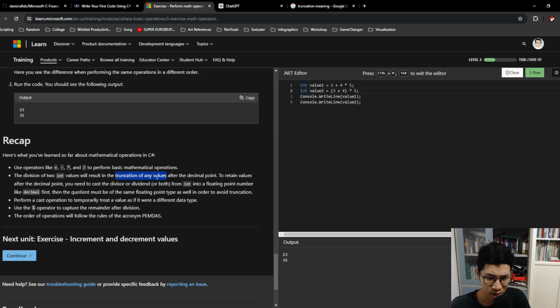But in this concept, I think it's just the truncation of any value after the decimal point. So after the decimal point will not be read, will not be displayed, I guess.